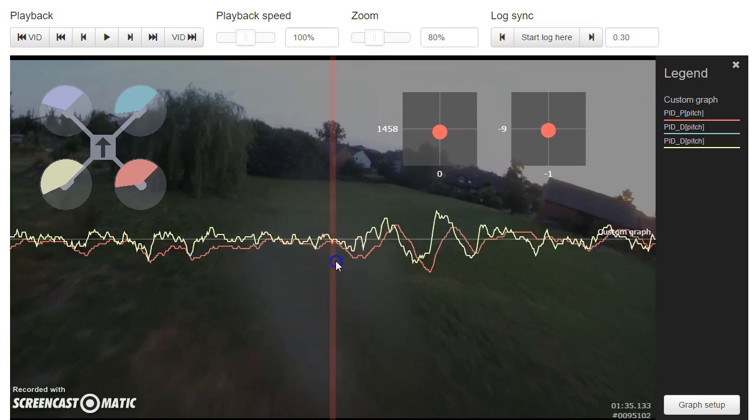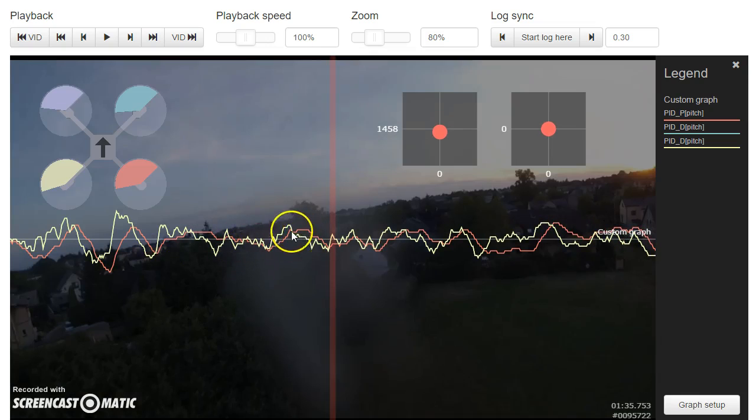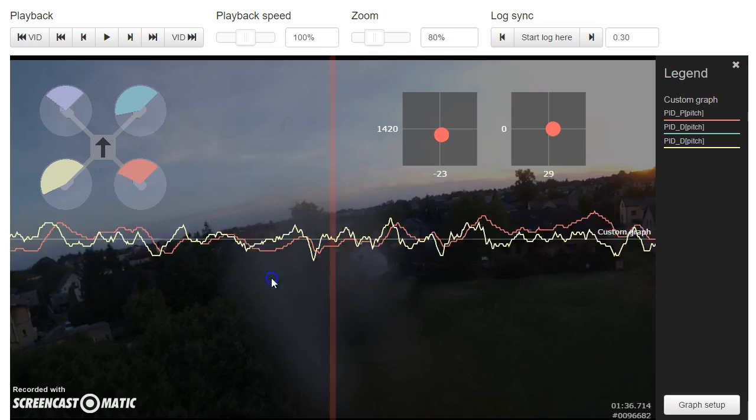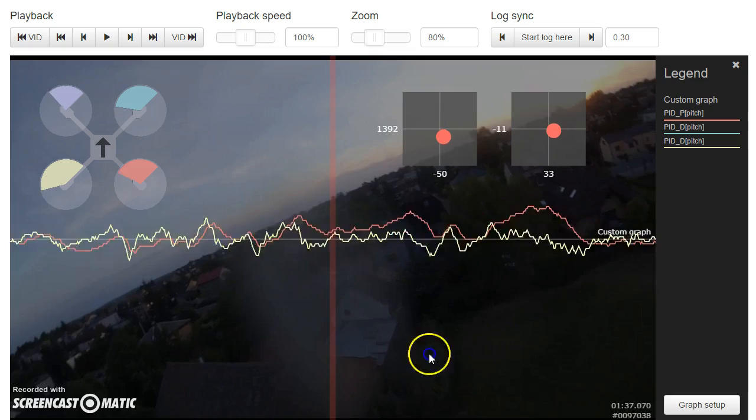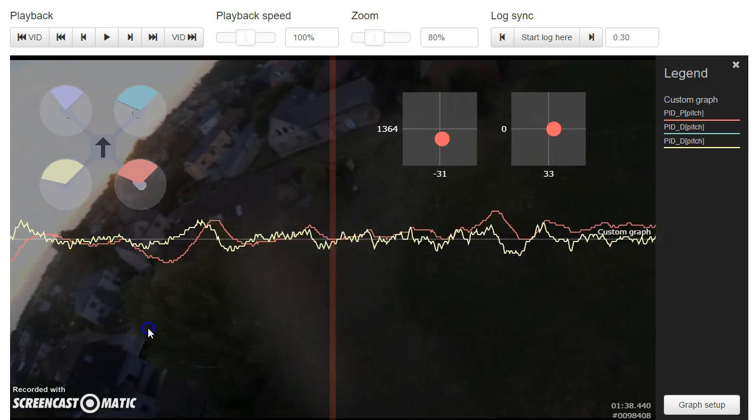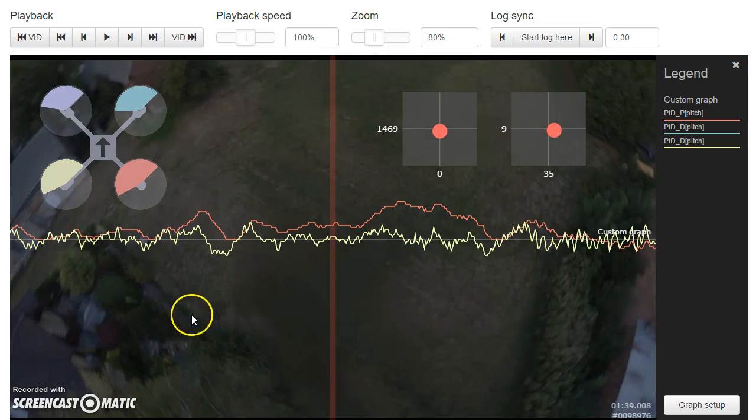But just based on what I'm seeing in the traces, these are roughly the same magnitude with D usually the same or a little bit smaller than P. And if we look at your gains, pitch D is 32. Yeah, it might be a little lower. That just depends on if you feel like that gives you good flight performance or not.